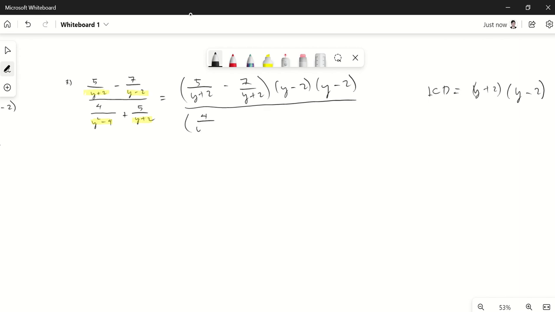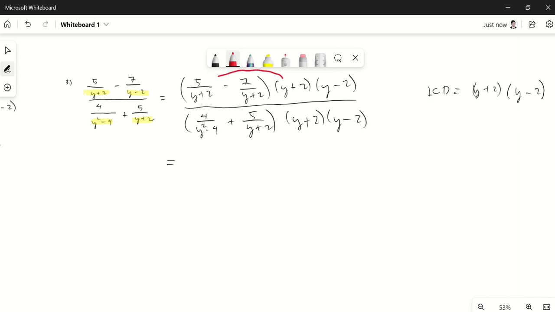You enclose the entire denominator of the complex fraction, then multiply with the LCD. Now we distribute the LCD to each term.